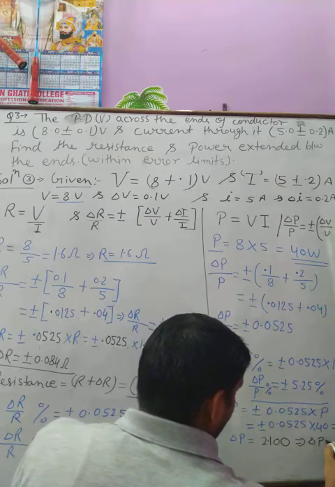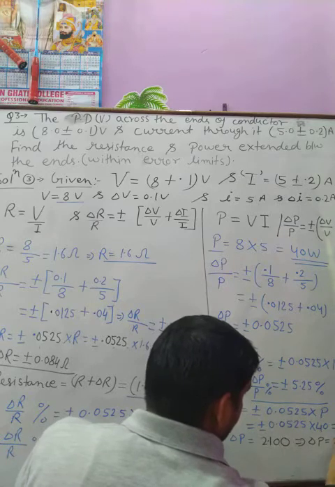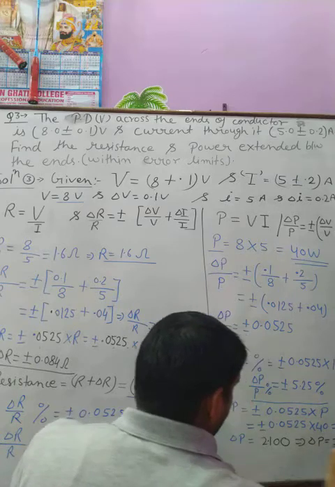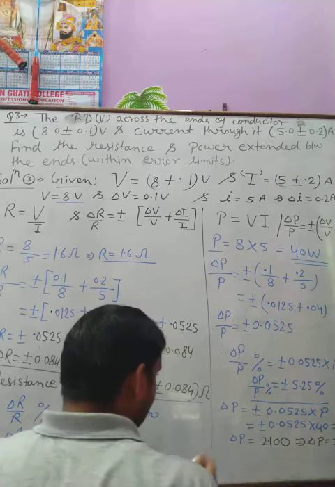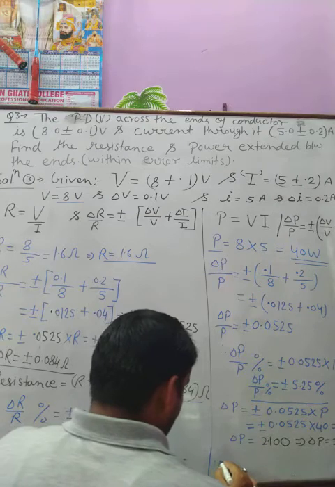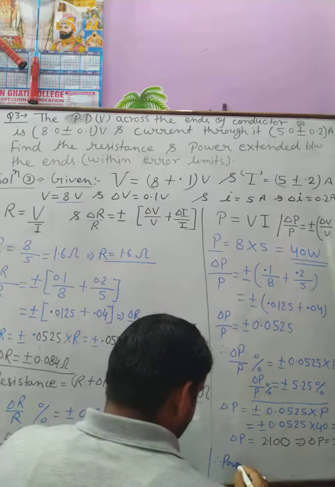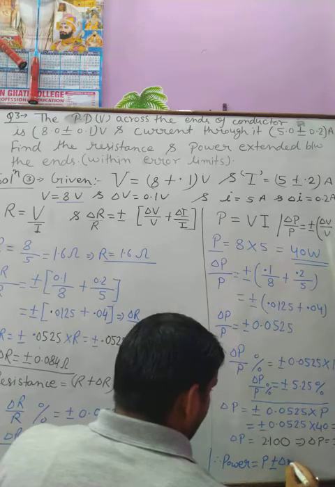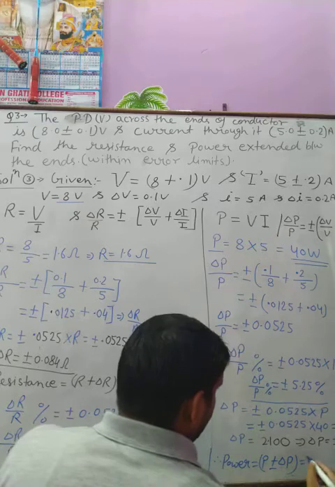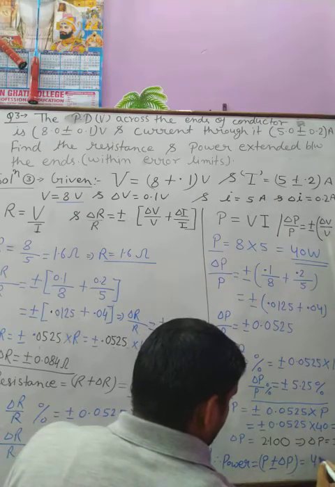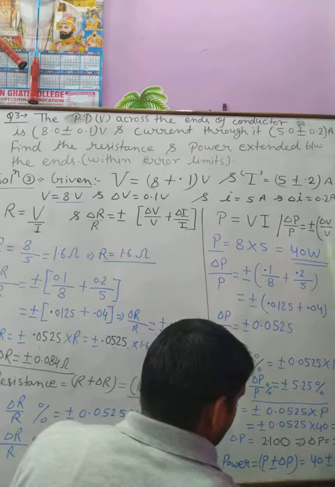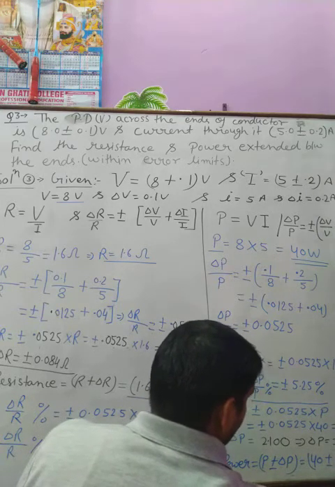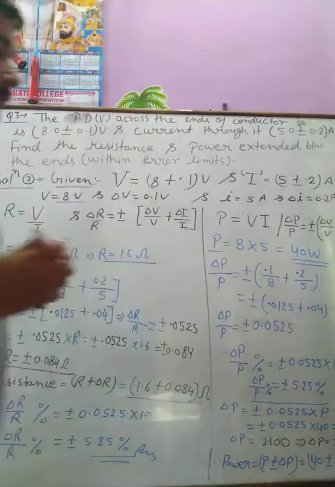Therefore del P is equal to plus minus 2.1 watt. Now therefore power is equal to P plus minus del P, which we have 40 plus minus 2.1 watt. This is the final answer for this question. So student, copy all these.